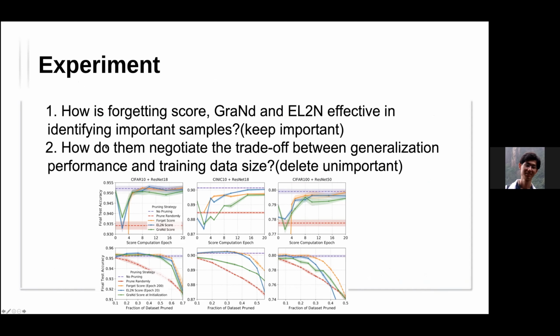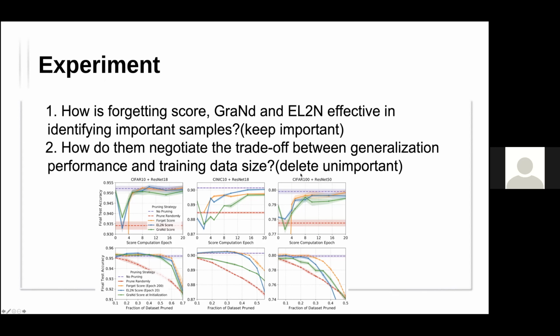You can look into the experiment. The experiment answers two questions. The first one is how the forgetting score from the empirical study paper, the gradient norm and the EL2N are effective in identifying important samples. That means if we only keep the important samples, can we preserve the test accuracy? The second is how they negotiate the trade-off between generalization and training data set size.